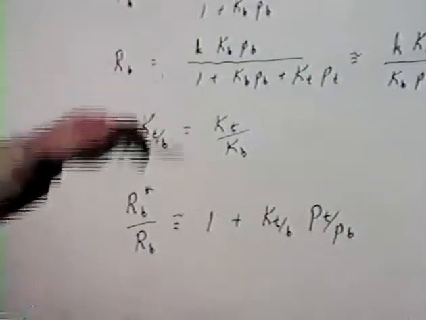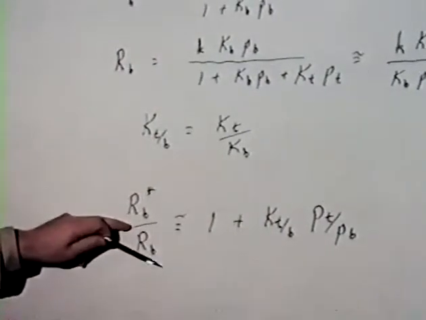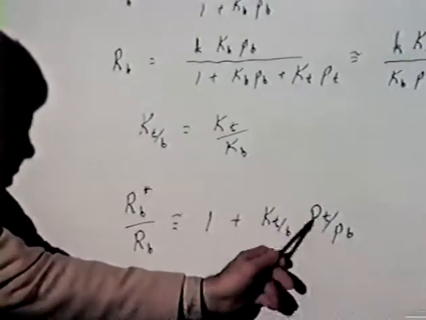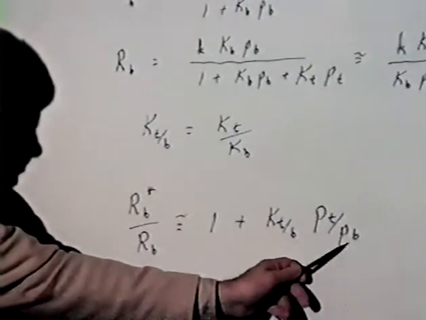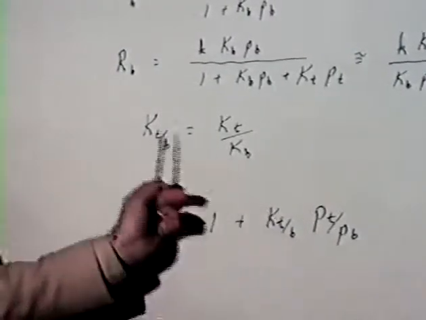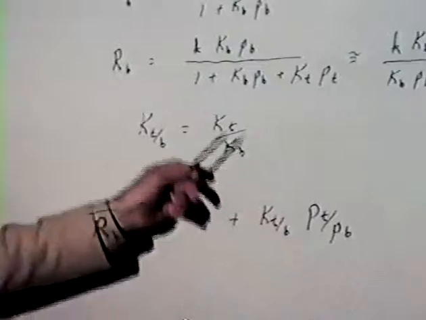If you just do your algebra on that, you get that the ratio of the rates of benzene hydrogenation should be a linear function of the ratio of partial pressures of toluene to benzene. It should have an intercept of 1, and the slope should be the ratio of the absorption equilibrium constants. And if you do that, you get nice straight lines.